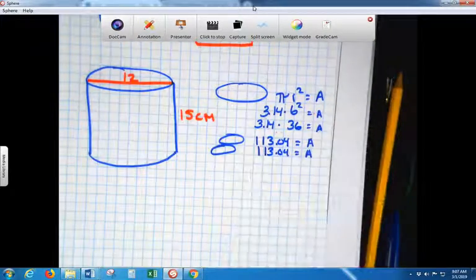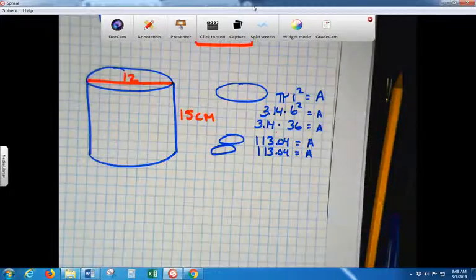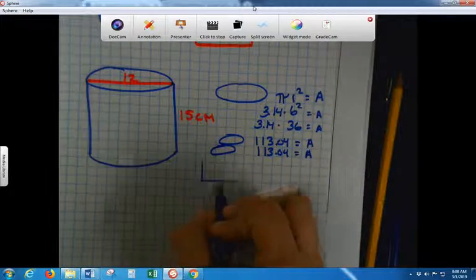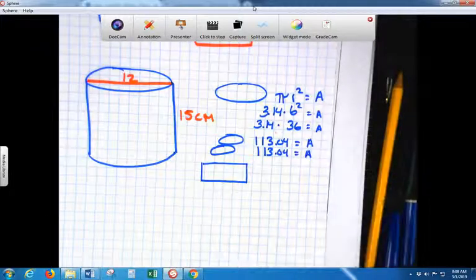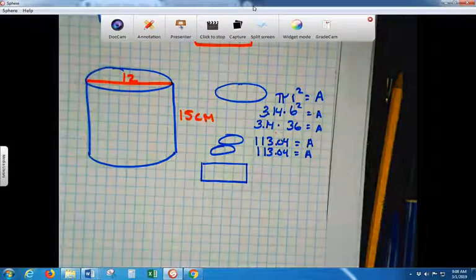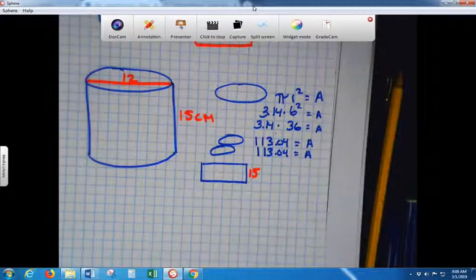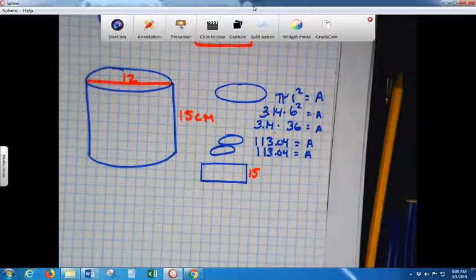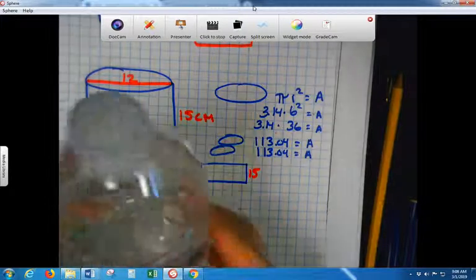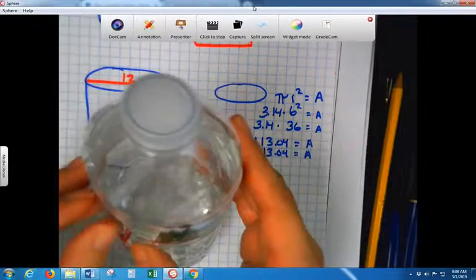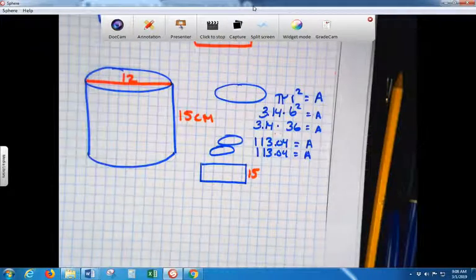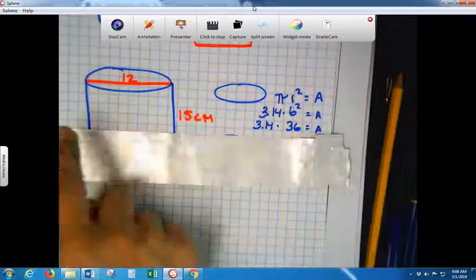Check. Now, we got to do the rectangle. Well, what measurement do we know of the rectangle? 15. Right? The height. Okay. So, we need to know this part, right?